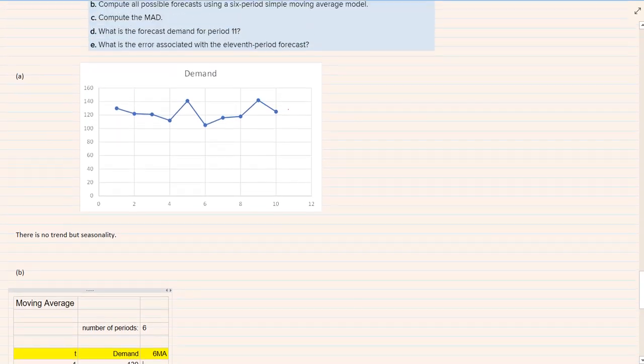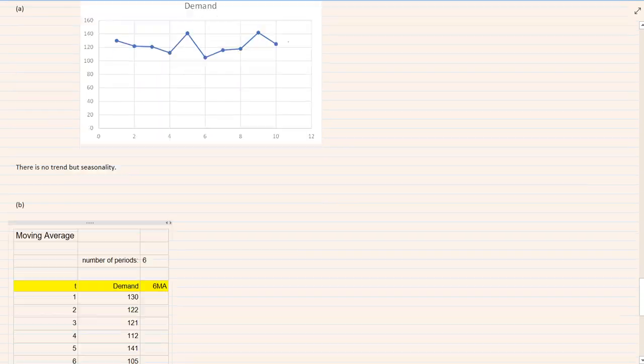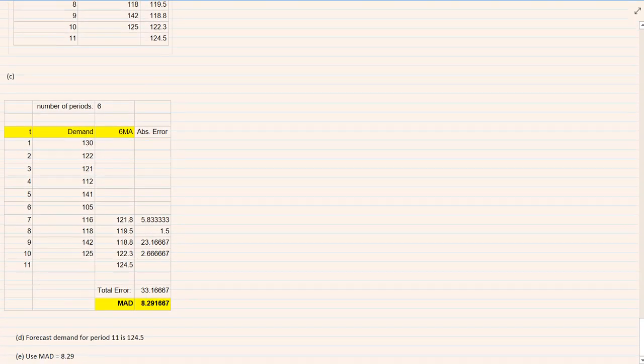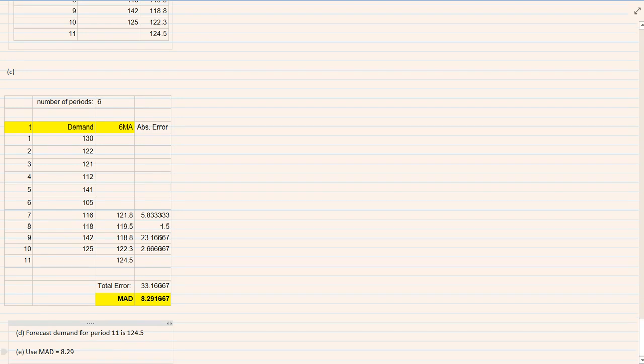And finally, in part E, what is the error associated with the 11th period forecast? Now, if you look at the 11th period forecast here, there is no actual, right? So you cannot find the error between actual and forecast. So what do we do? We're going to use the MAD, 8.29. And that would be our forecast error. In fact, the future forecast will fluctuate also if we were to continue this on into the future.